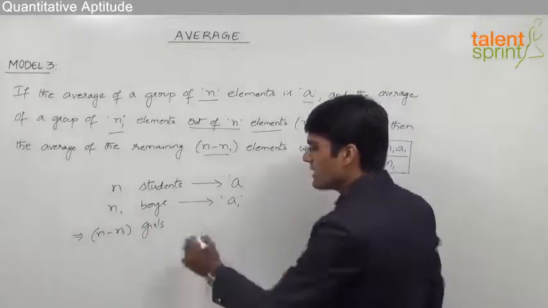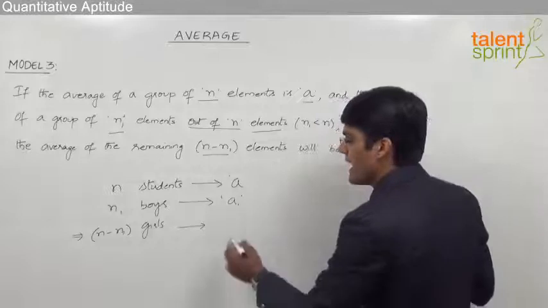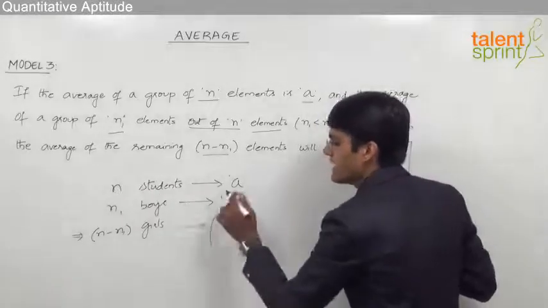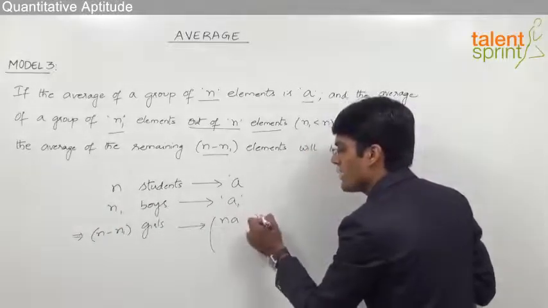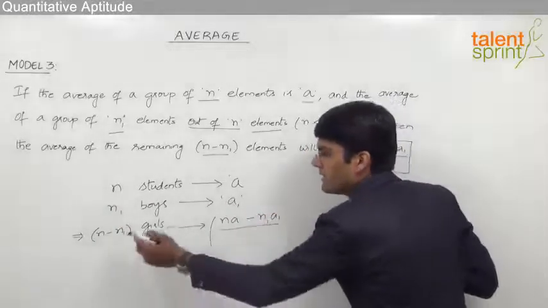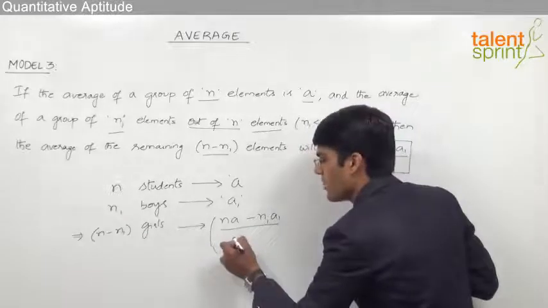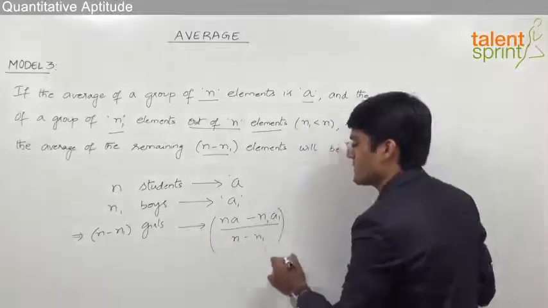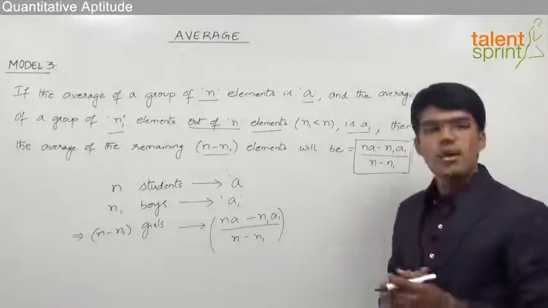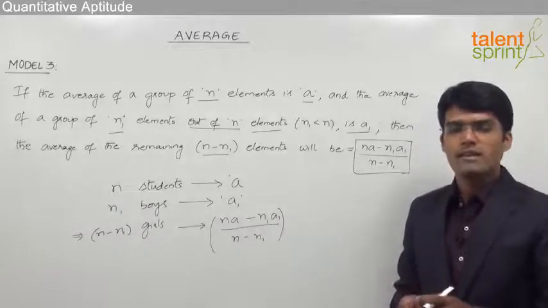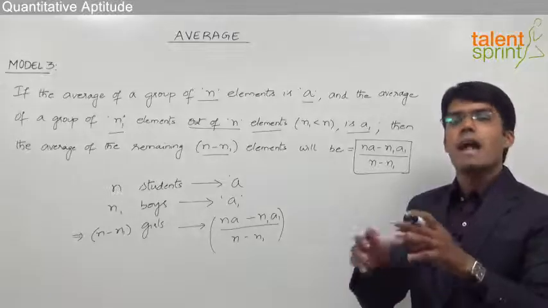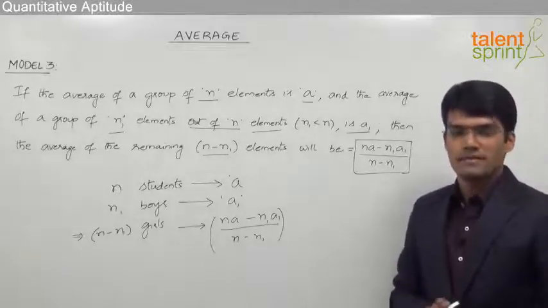So the average of the girls here can be calculated as total of all the students, that is n into A, minus the total of all the boys, n1A1, divided by the number of students minus number of boys, so n minus n1. So this is how this point is useful in finding out the average of a second group when the average of the first group and the overall group is given to us.